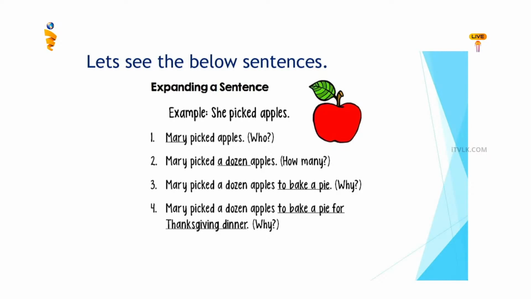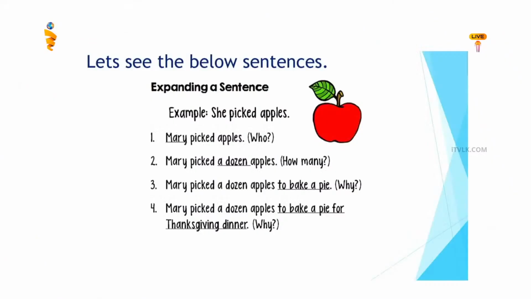To bake a pie for Thanksgiving dinner. See these examples, children. The first sentence, it's a small sentence. She picked apples. But by asking questions like who, how many, why, you can expand the sentence. She picked apples became Mary picked a dozen apples to bake a pie for Thanksgiving dinner.